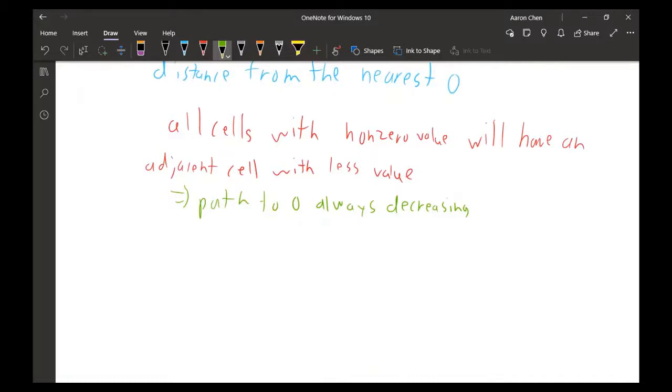And so the value of any cell is equal to the distance from the nearest zero. Of course, if there are two zeros of the same distance, then the cell will just have that common distance, assuming that those two are both simultaneously the shortest.